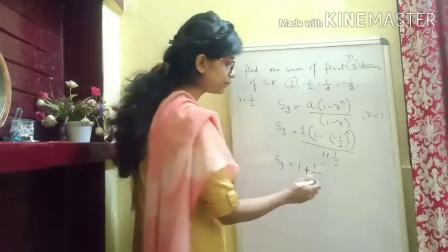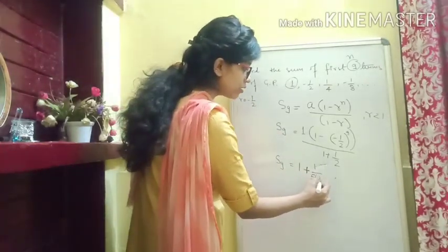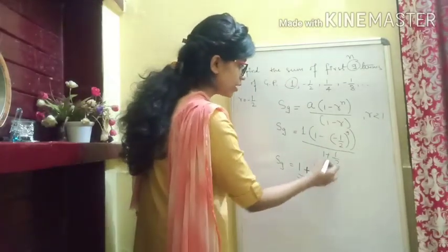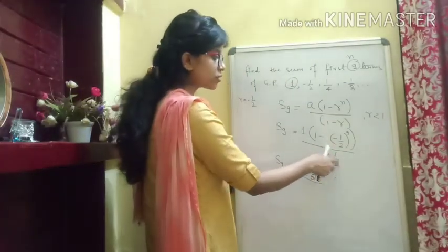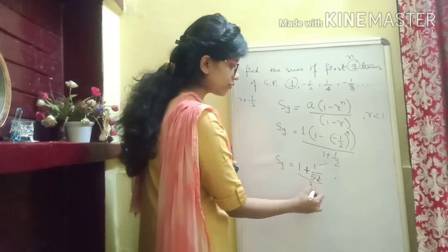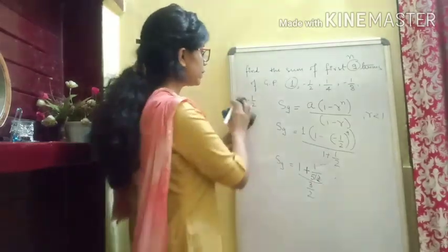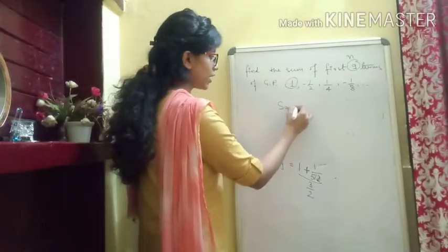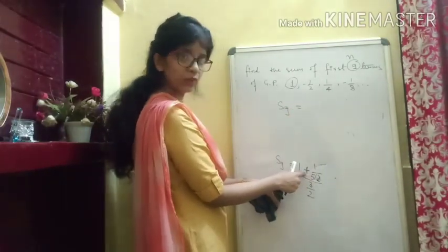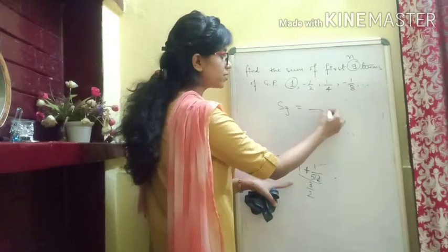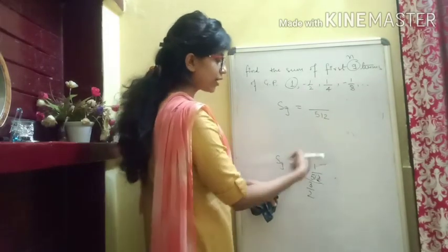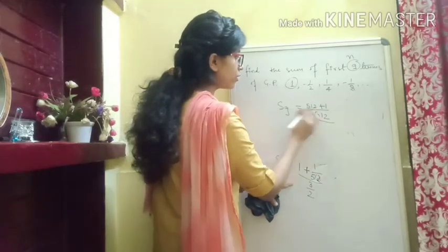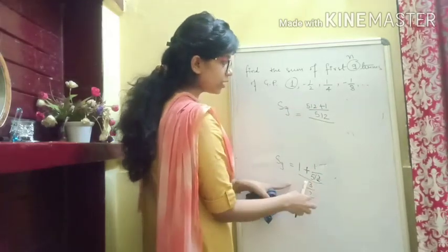If we simplify that, 1 to the power 9 will be 1 upon 2 to the power 9. If you simplify, it will come 512. 2 to the power 9 means 2, we multiply 9 times. And here if you see the denominator 1 plus 1 by 2, if you simplify, that will give you 3 upon 2. Okay. Now next is, we just have to simplify S9. If you take this in the numerator, 512 will be your LCM, and then when you take LCM, you know how to simplify. 512 plus 1 over 3 upon 2.